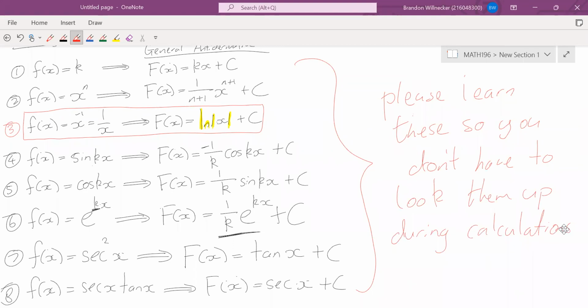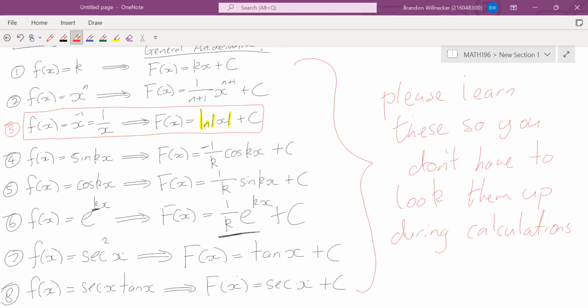Looking things up in your book or textbook or online takes a lot of time to actually see what is the antiderivative of e to the 2x. But if you just remember this very short list, you should be able to do the problems much quicker. Because you can just check, okay, I know straight away what this antiderivative is. It really helps with the time.